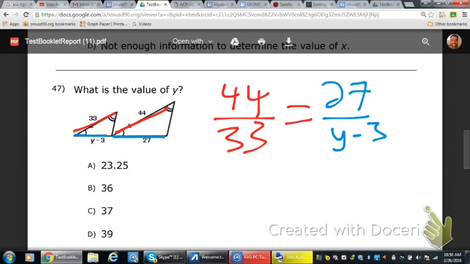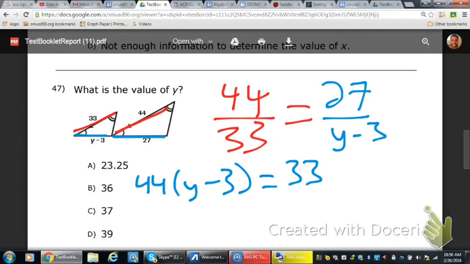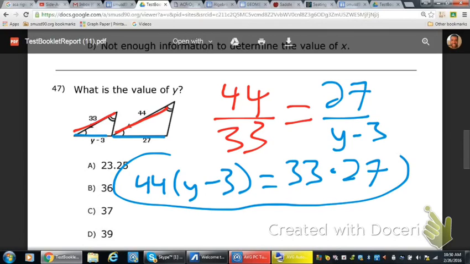So then we'd cross multiply. 44 times y minus 3 equals 33 times 27. It turns into a little bit of algebra, but you could do it. Or, the more math you know, the easier it gets. You could divide by 11 and 11 to get this as 4 over 3. That's another option, but you can just stick to this.